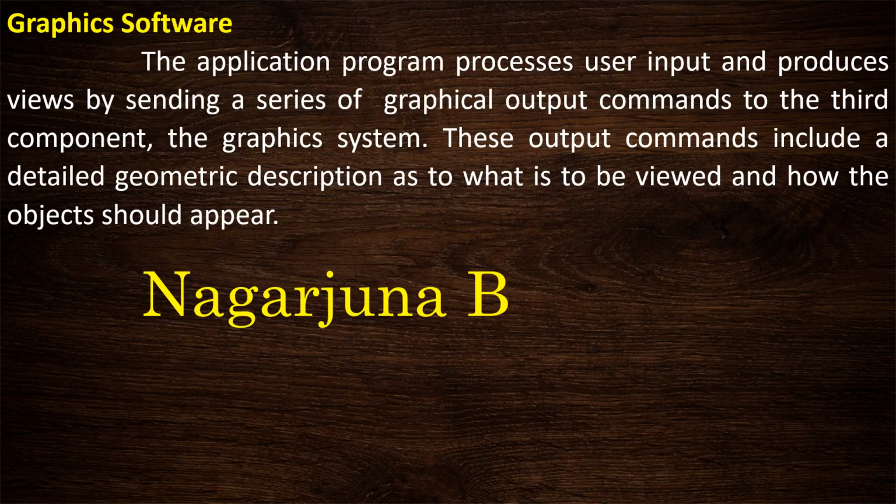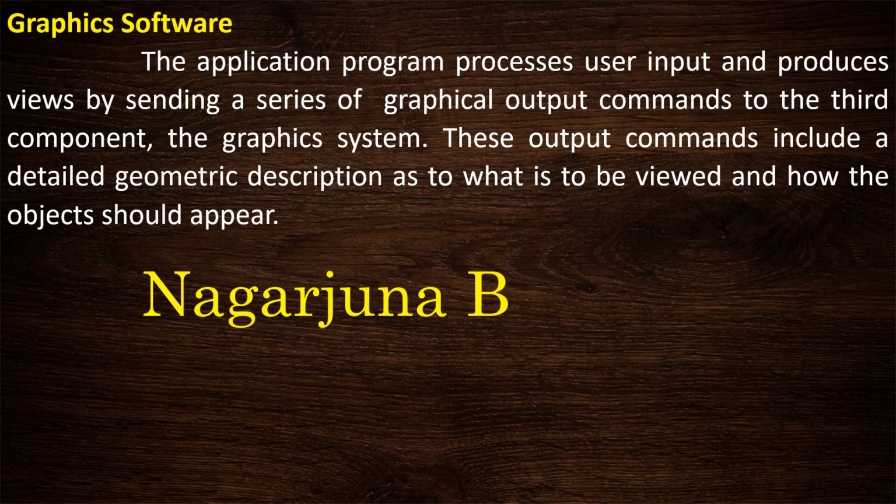The application program, when it does the conversion, processes user input and produces views by sending a series of graphical output commands to the third component, and that third component is the graphic system. These output commands include a detailed geometrical description of what is to be viewed and how the object should appear. The application program processes user input.